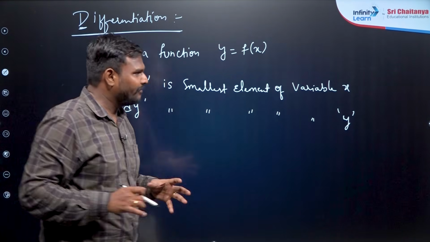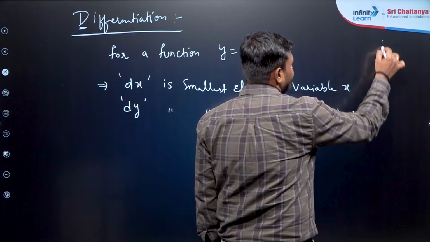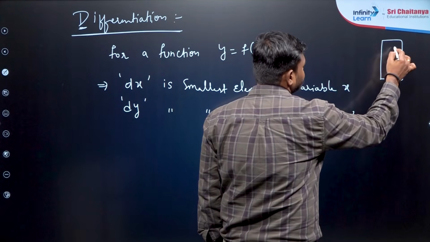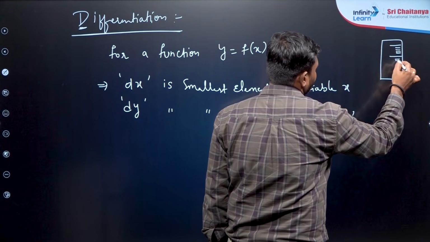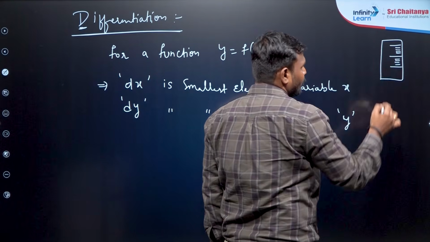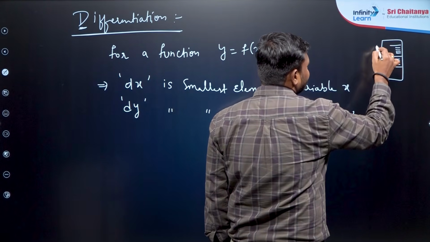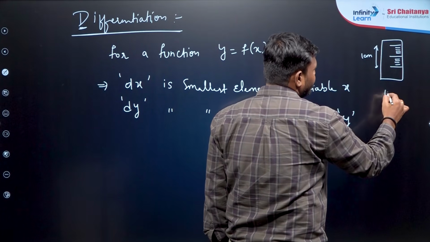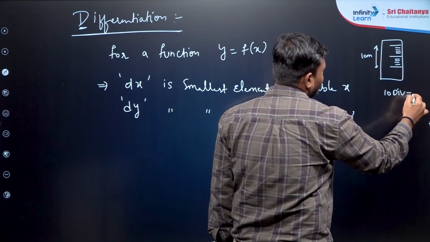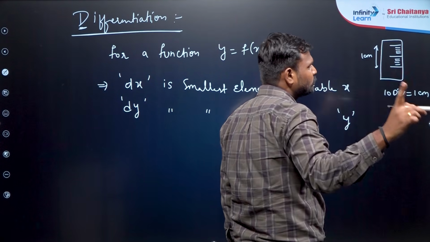For example, I have a scale. This is a 1 centimeter scale. 1 centimeter is divided into 10 divisions. What is the smallest division?